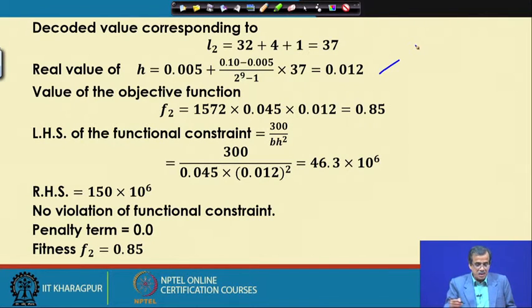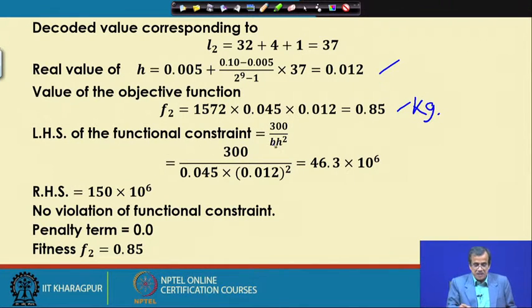Now, the value of the objective function, that is f 2, is nothing but 1572 multiplied by B multiplied by H, and if we calculate, we will be getting 0.85, and of course, the unit will be kg, because this is the weight.